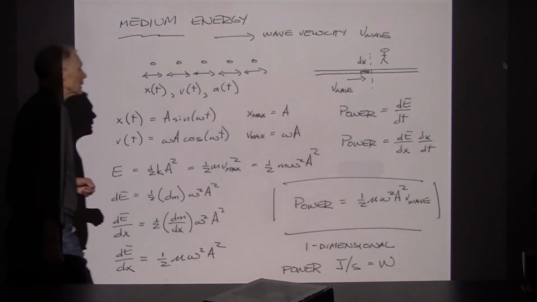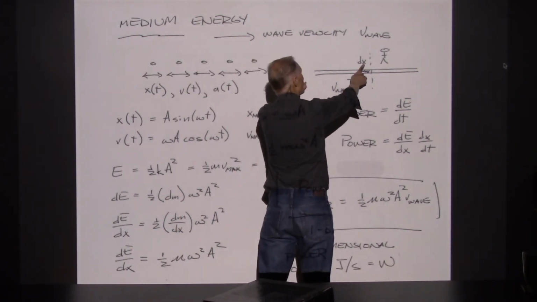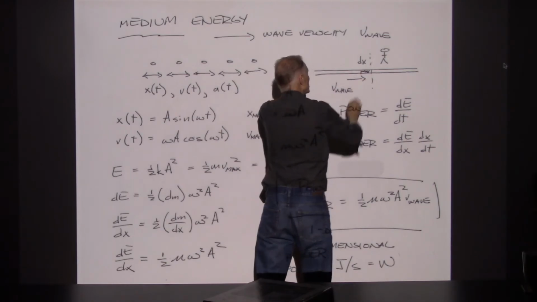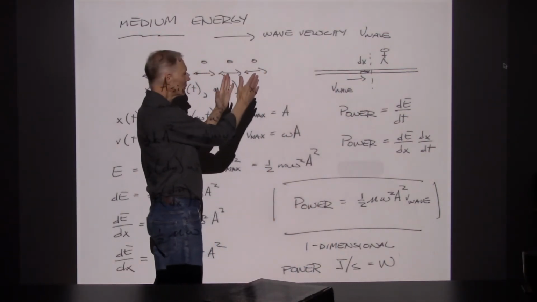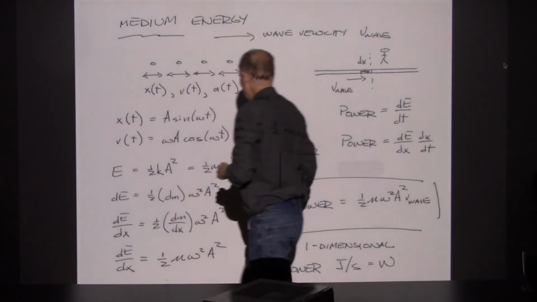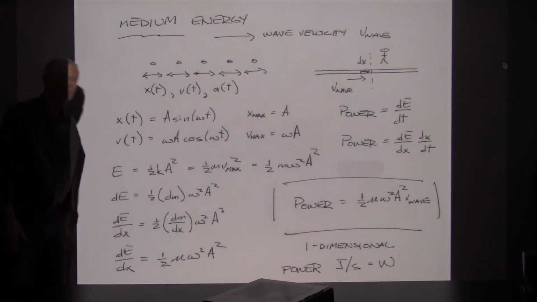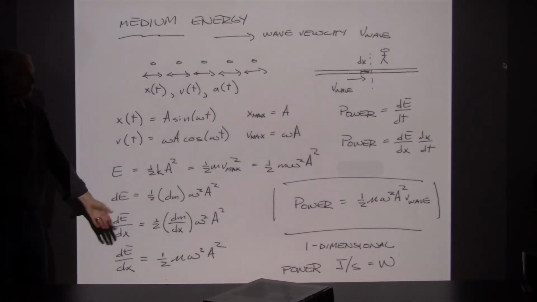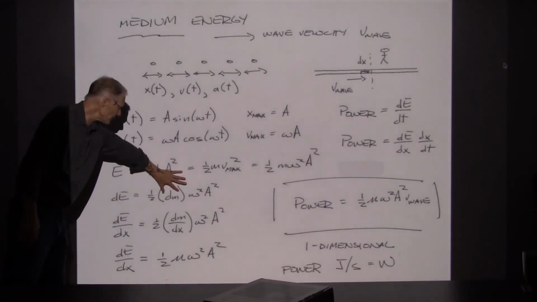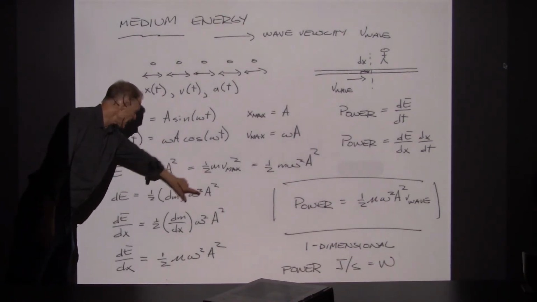Now, what you can see happening here is we're going to set this up as an infinitesimal. So I'm going to take this wire, break it up into a bunch of little pieces, and each little piece of the wire has a mass, dm. And that means that each little piece dm has a frequency of oscillation and an amplitude.